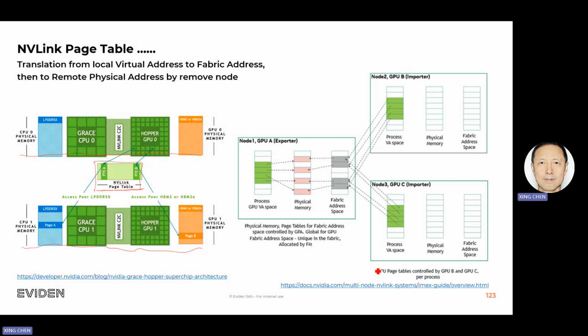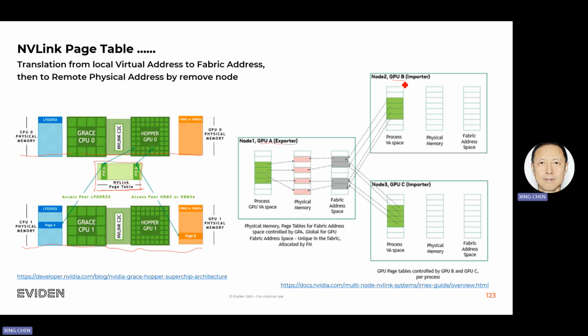I've got this drawing from the Nvidia website. Basically, what we have is that if GPU A is the exporter, it means that GPU A will have part of its memory be read by another GPU from another node.